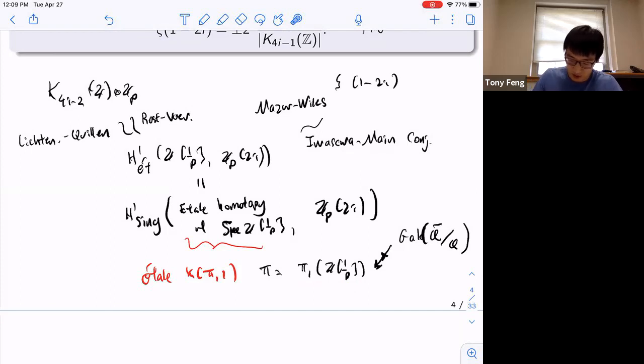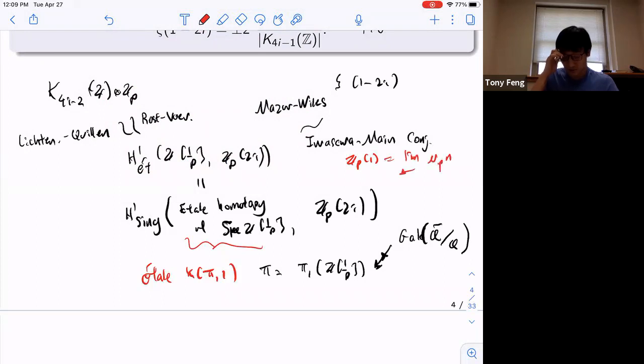And so this thing here is meant to be interpreted as an étale sheaf on this thing, or in other words, a local system, a representation of this Galois group. So which representation is it? Z_p(1) is a thing called the cyclotomic character, and it's the inverse limit of the p-power roots of unity.